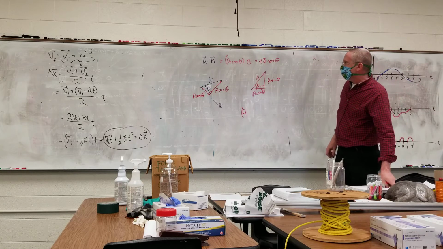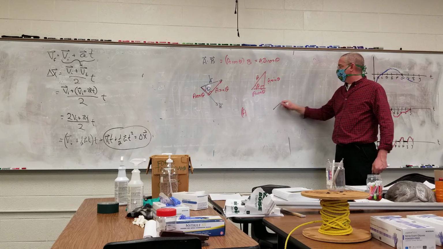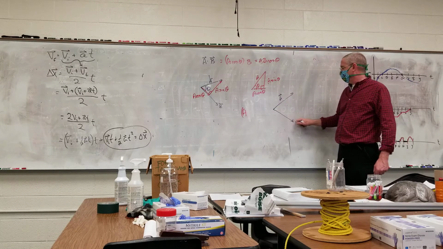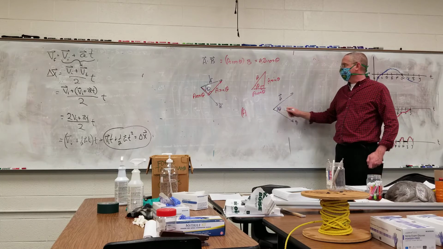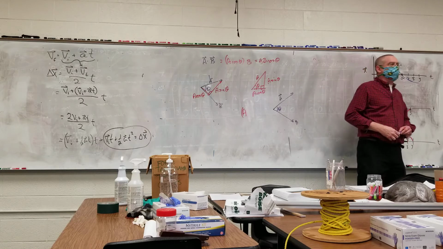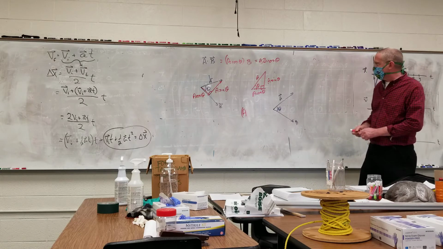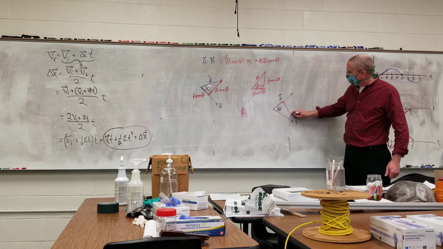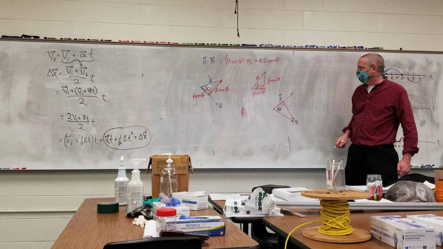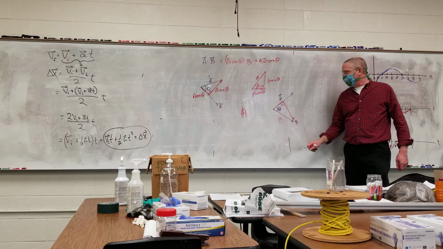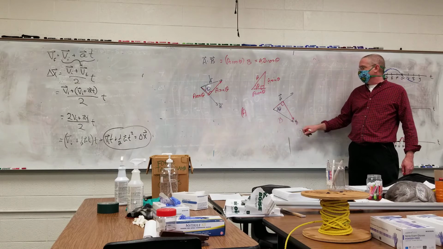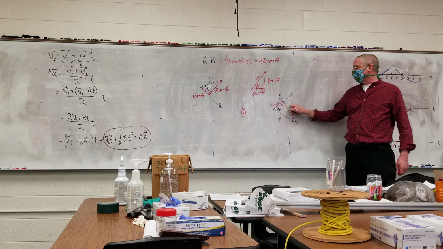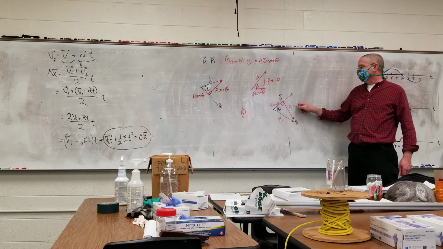Suppose instead, draw my A here, draw my B, got an angle of theta between them. Suppose I didn't want to break up A, I want to break up B instead. Well, let's take a look at B. So I've got some part that is parallel to A, and a part that is perpendicular to A. My hypotenuse is B. So my adjacent side here is B times the cosine of theta. My opposite side here is B times the sine of theta.